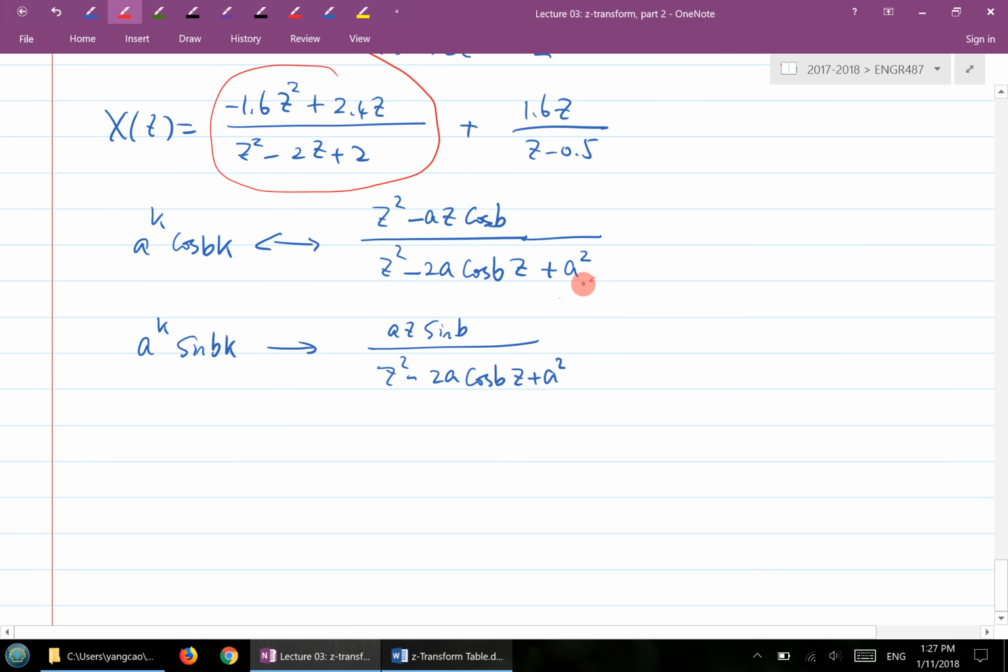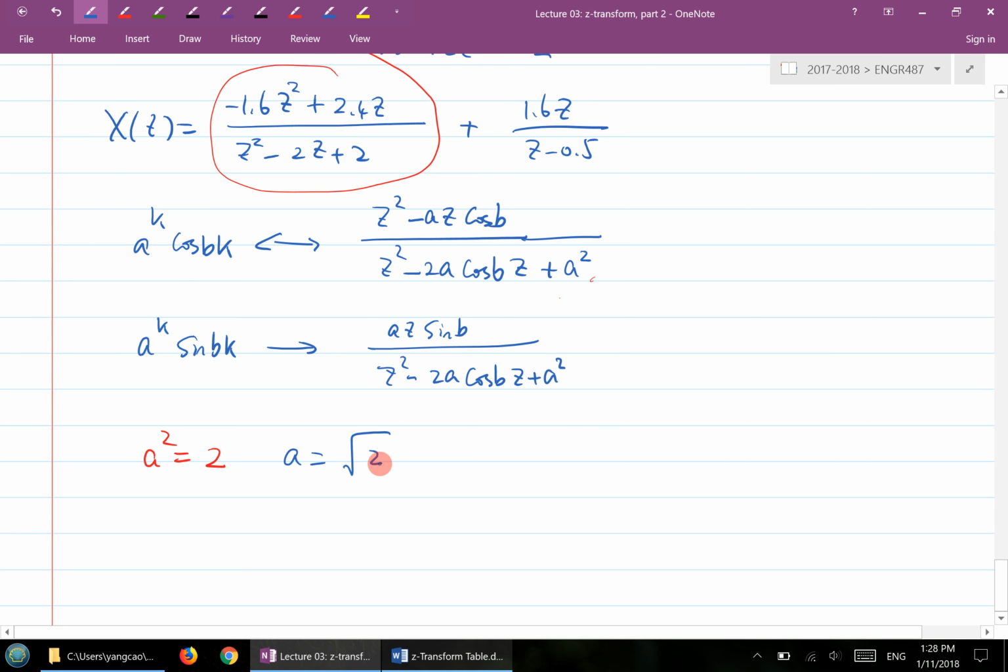First of all, let's find out what the a value is based on what is available here. If you look at this formula, this is z squared minus 2z plus 2. This is your a squared, so a squared equals 2, and a is root 2.